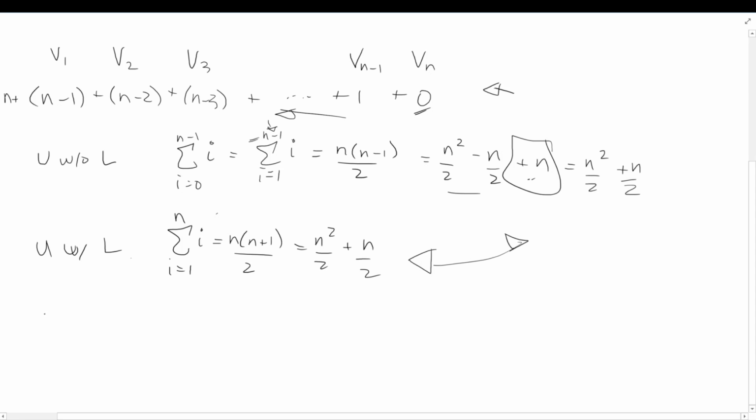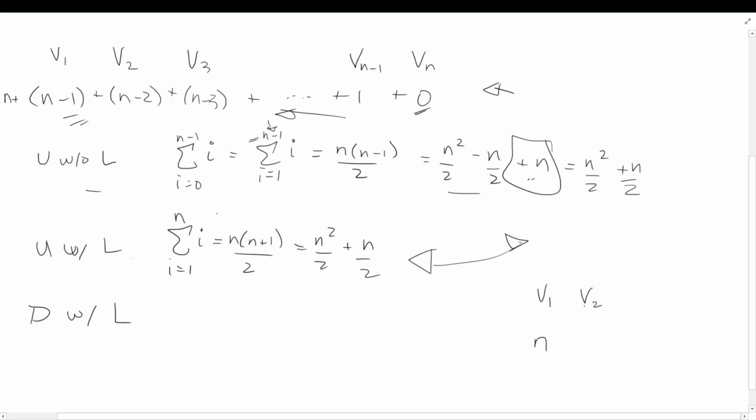I want to jump to the next one, which is directed with loops. I'm going to do this one next because it's easier to calculate. Since it's directed, V1 can be connected to itself, so that's 1, plus every other node, so it can be connected to n nodes.